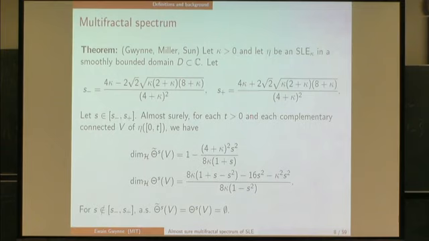And then it's almost surely the case that for each positive real number T and each complementary connected component V of our SLE curve, the multifractal spectrum of V is given by this dimension for the subset of the boundary of the disk, and this dimension for the subset of the boundary of V, or equivalently the subset of the boundary of the curve, because points which are not on the curve are just on a smooth boundary segment of the domain, so don't affect the multifractal spectrum. And then it's almost surely the case for all other values of S, the sets are just empty.